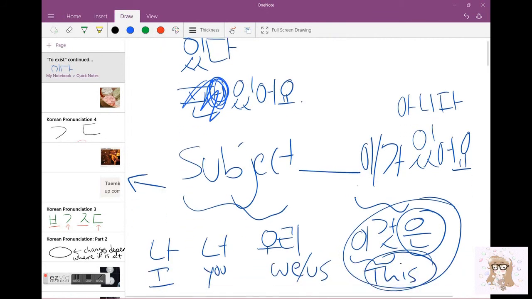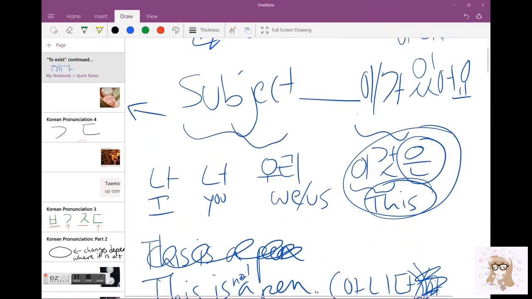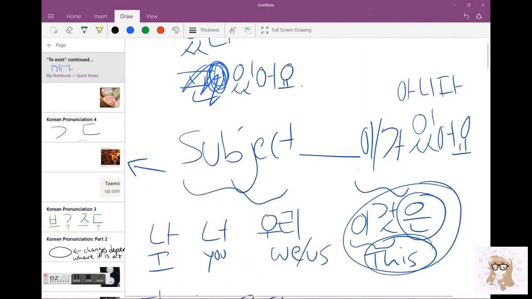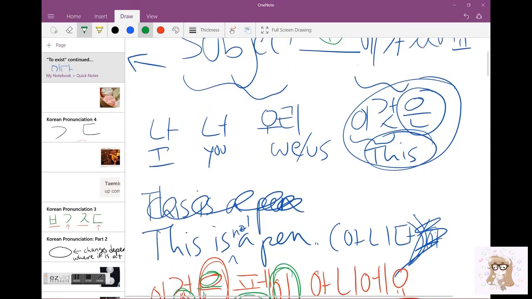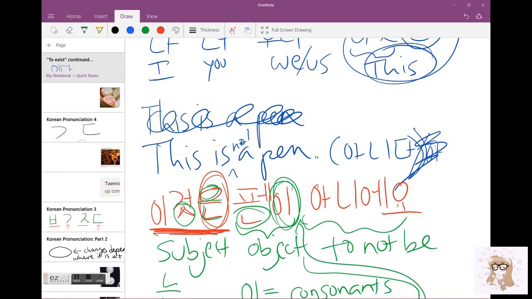So just to review, I spoke about using first the subject. The form of the sentence is subject, then the object, and then iga or with 있어요 or 아니다, those type of things.